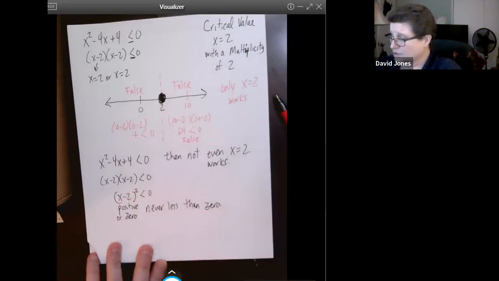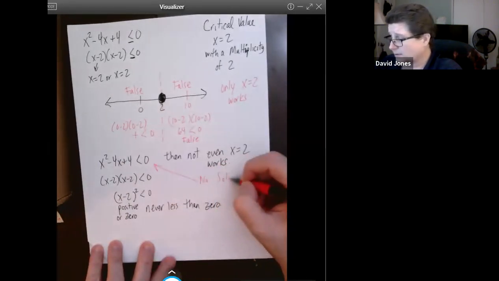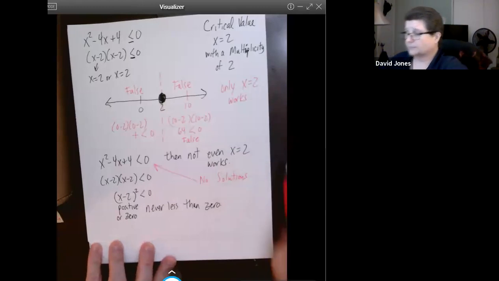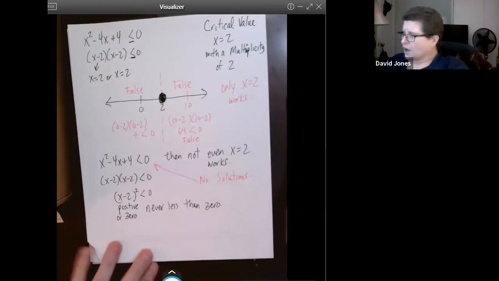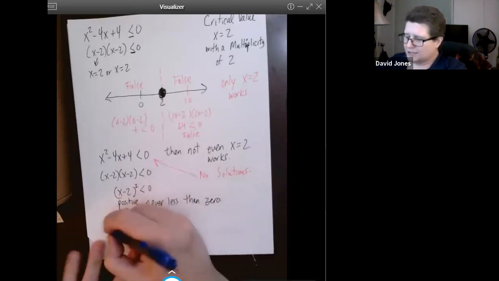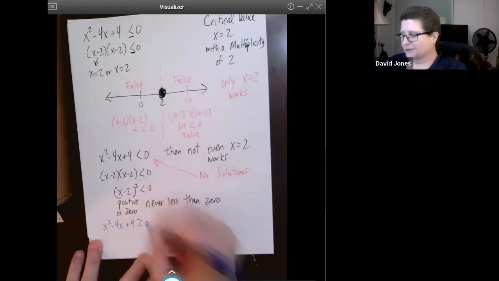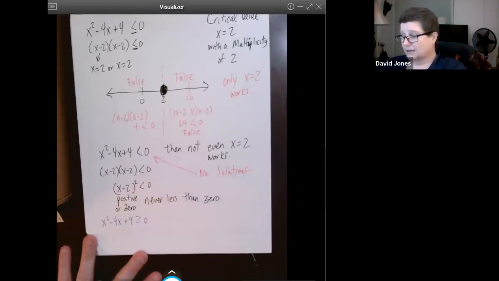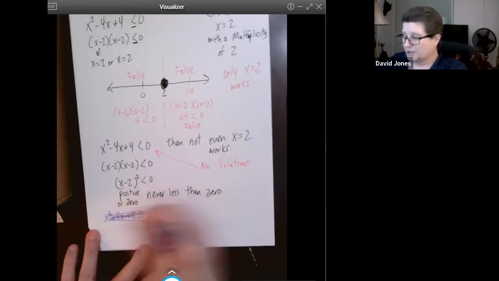So this one actually has, with just the strictly less than, no solutions. Note what happens if we use the same values because we've already got it solved. What if I say greater than or equal to 0? We'll do that on the next page.